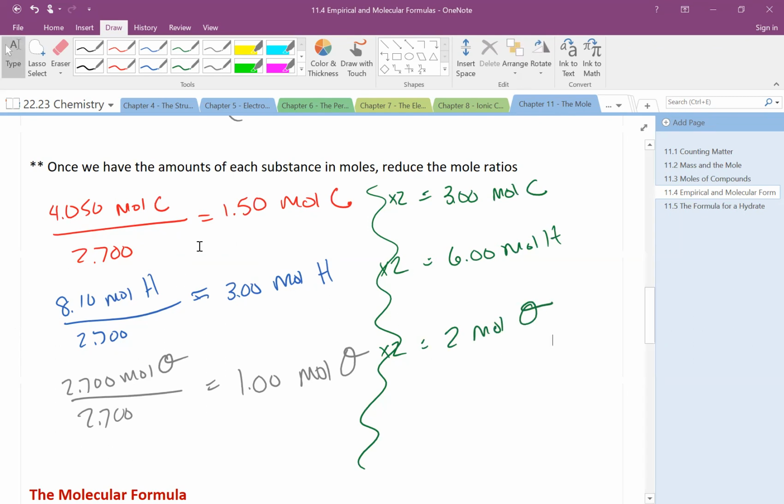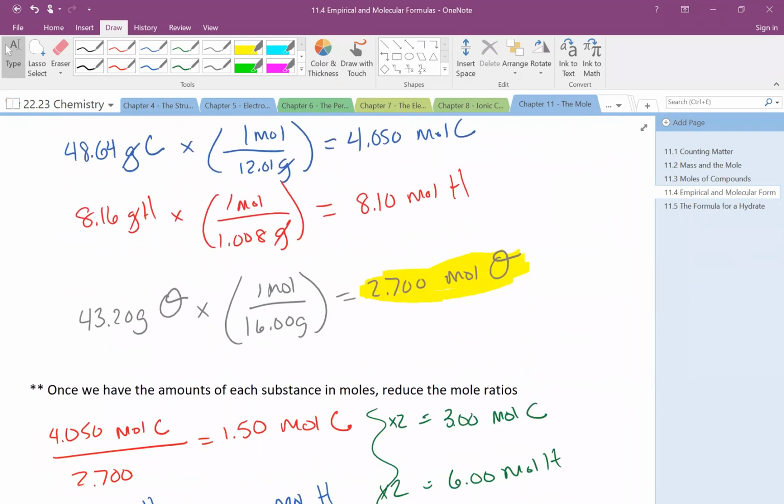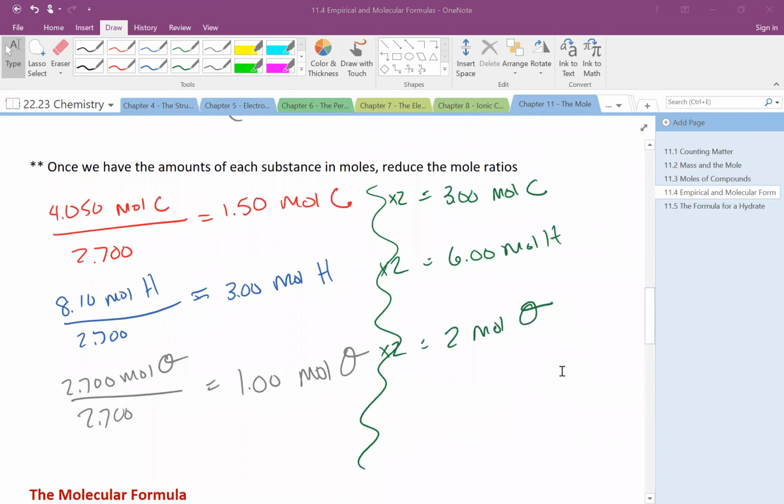So here we are. We have calculated from some percent composition some whole number ratios of elements. And this gives us the chemical formula. If I write this out, you've got C3H6O2. And that is our empirical formula.